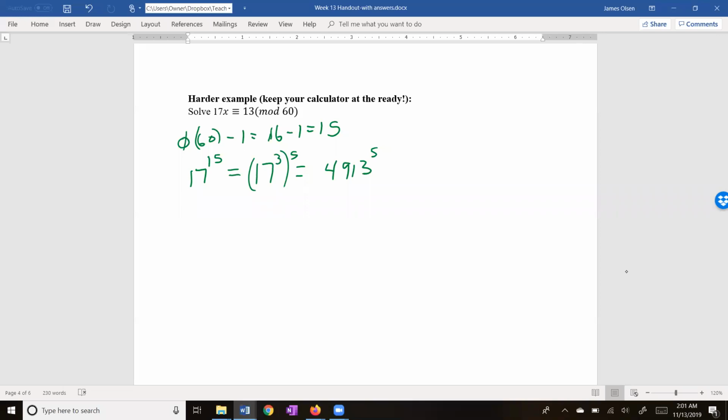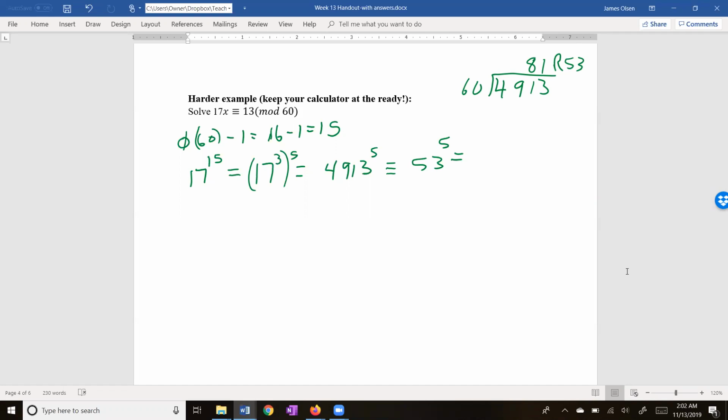Before I raise that to the 5th power, I'm going to simplify this mod 60. So I'm going to take 4913 divided by 60, like I did using Desmos or a graphing calculator, and I get 81, remainder 53. So this becomes 53 to the 5th power.